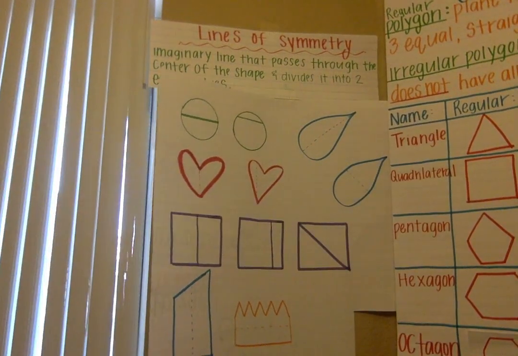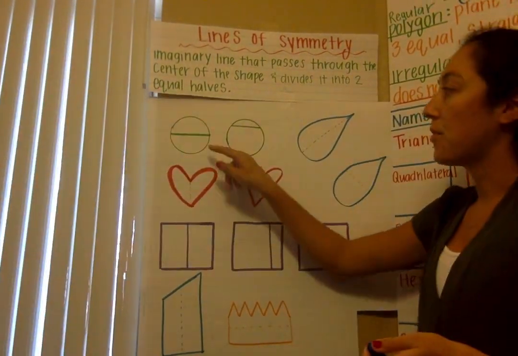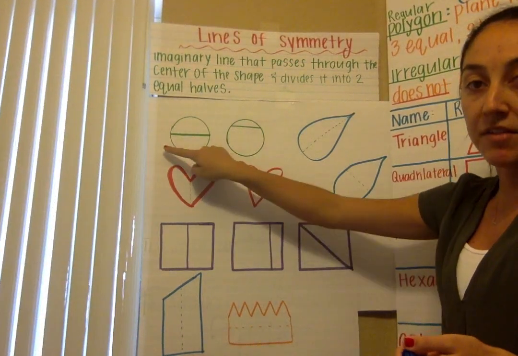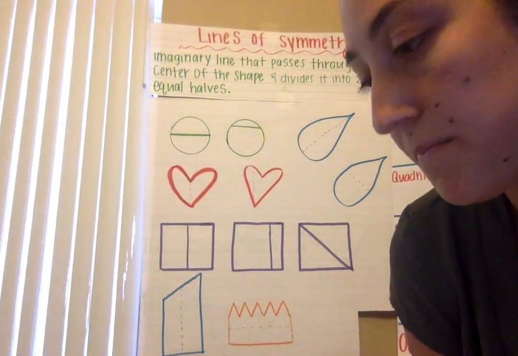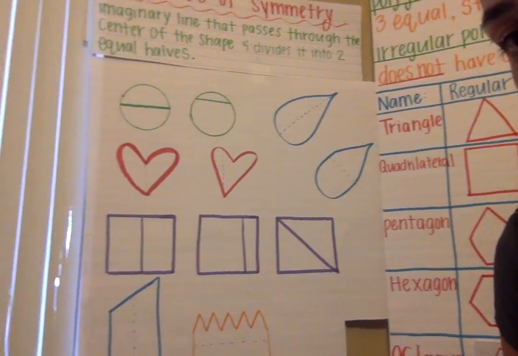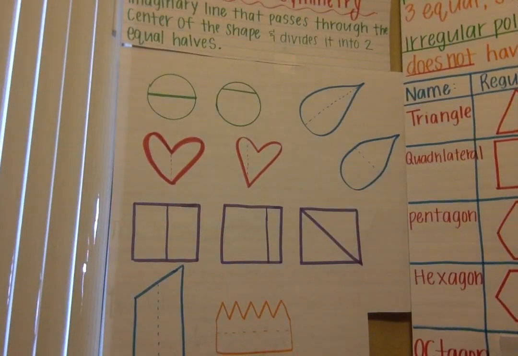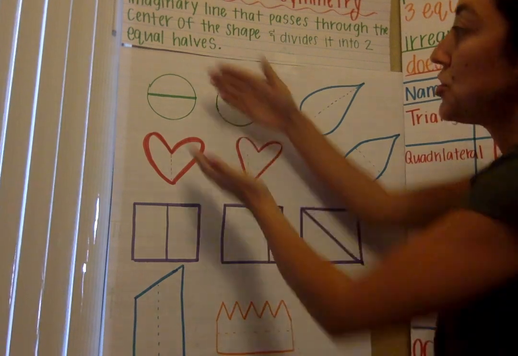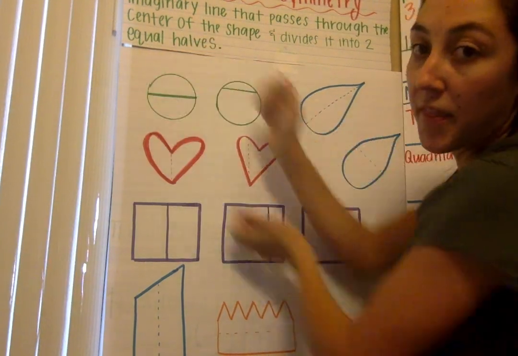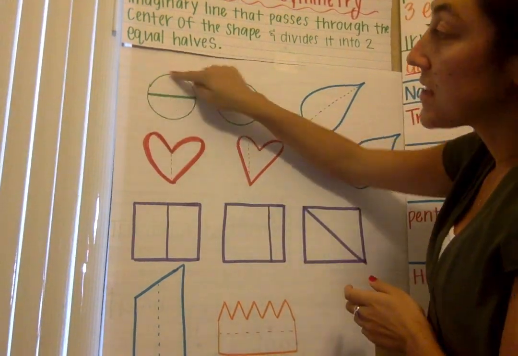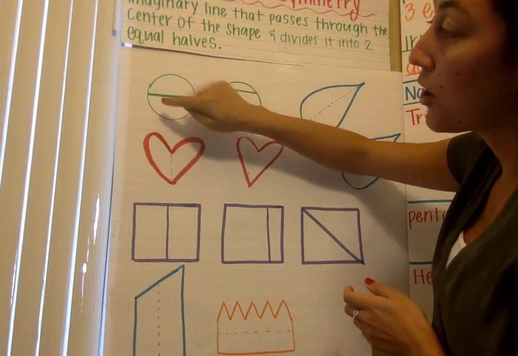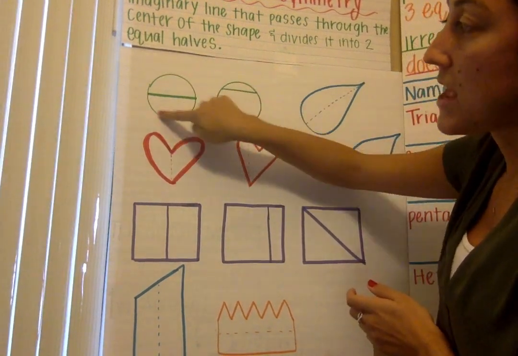So for example, in this first circle, you have a line that goes down the middle. Now, if this shape was cut out and I had it in my hands, and I had to fold the paper on the line, this side here would fold over perfectly to right here.